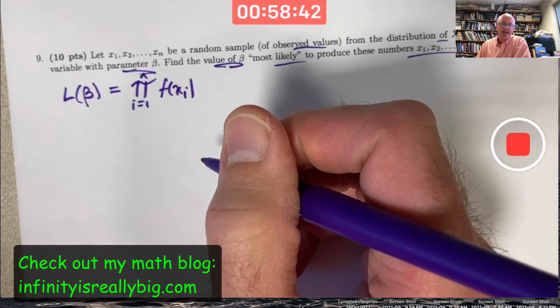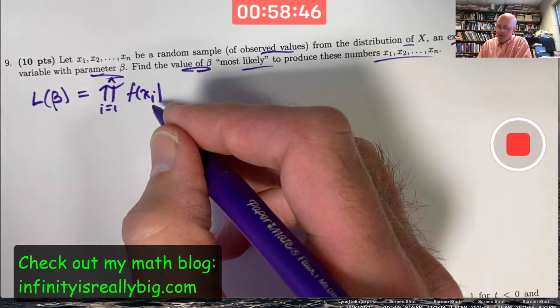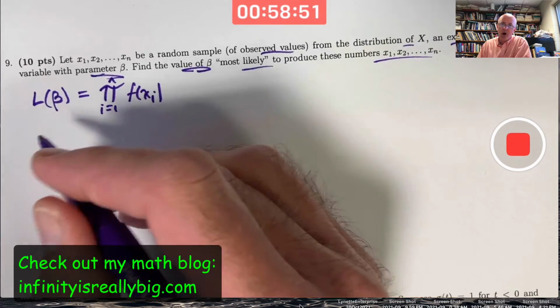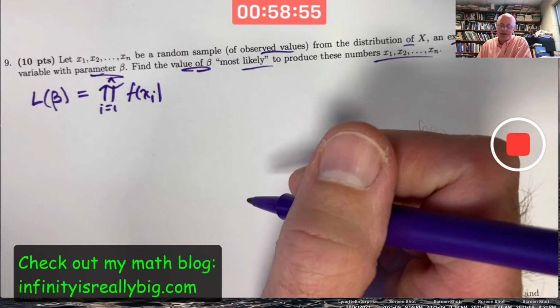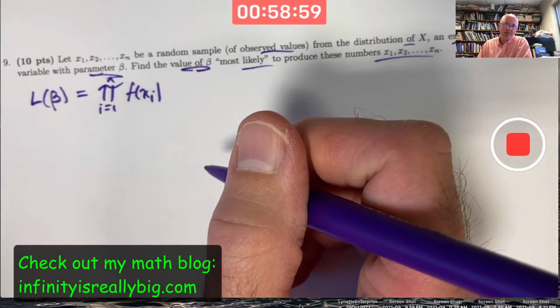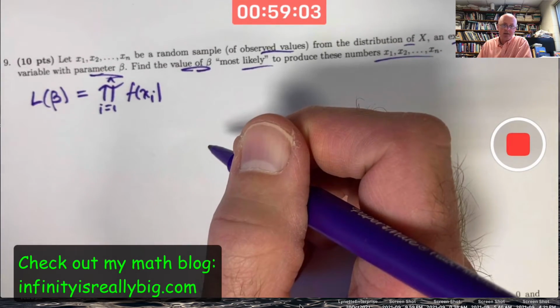In the discrete case, the PDF would really be the PMF, the probability mass function. These would be actual probabilities that you're multiplying, giving an overall probability of observing the given random sample based on what beta is. In the continuous case, they're not really probabilities. They're probability densities. But you still use the same method. You still multiply these things.